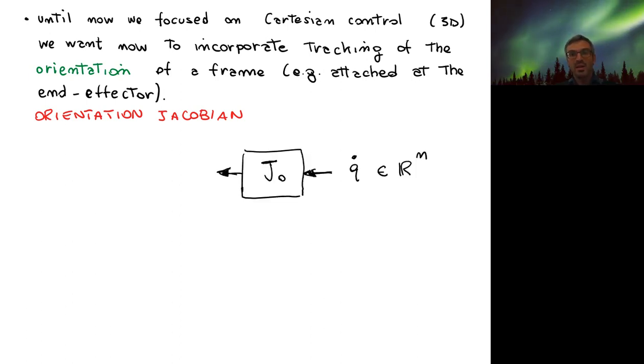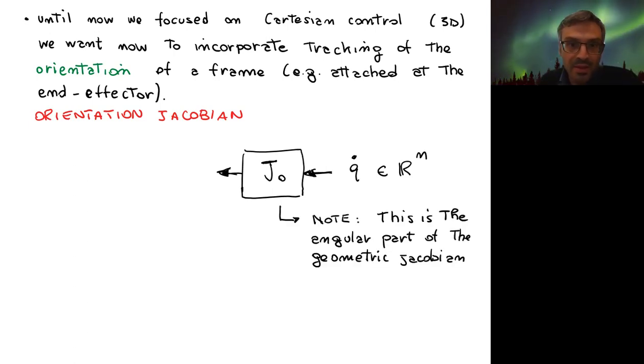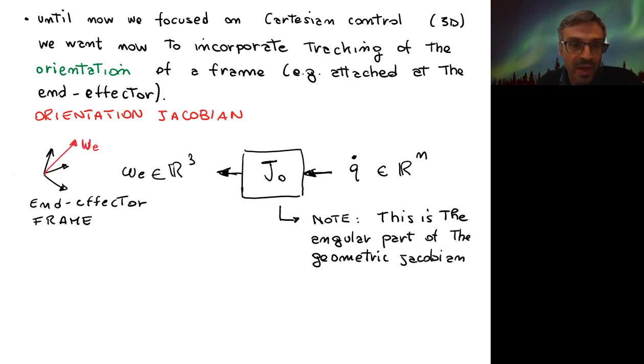We can get, for example, a measure of the angular velocity by multiplying this angular part of the Jacobian times the q dot, the joint velocities, and this way we get a 3D vector that represents the angular velocity of the end effector frame.